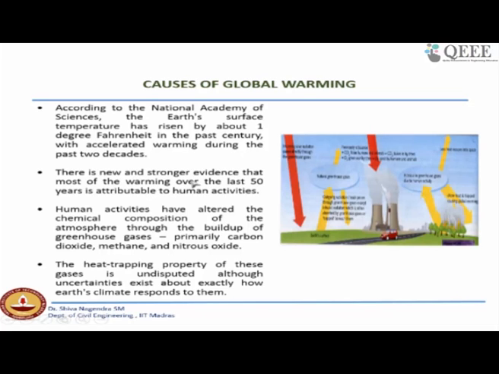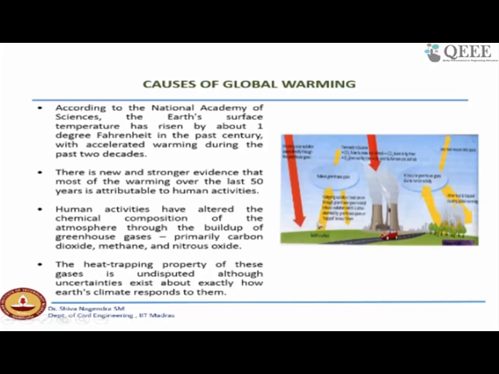There is stronger evidence which indicates that in the last 50 years more warming is happening just because of increase in human activities. So they conclude that human activities alter the chemical composition of the atmosphere. Hence there is an increase in greenhouse gases such as carbon dioxide, methane, oxides of nitrogen.